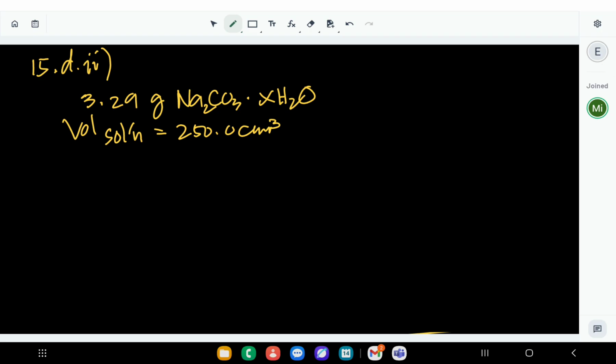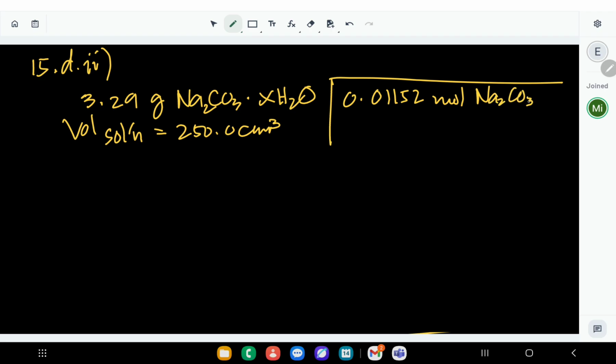Let me check. So we got the result from the previous problem: 0.01152 moles sodium carbonate in 250 cubic centimeters solution.